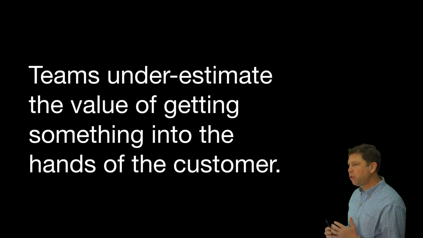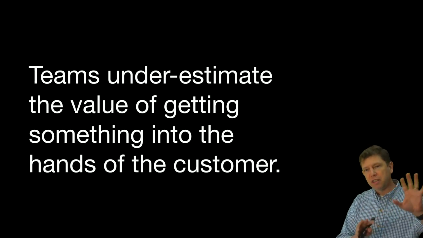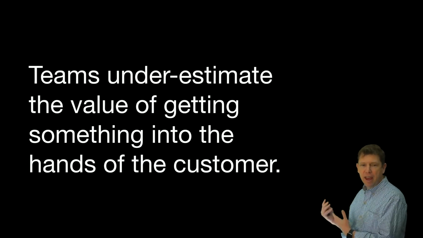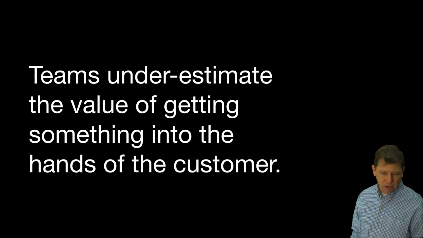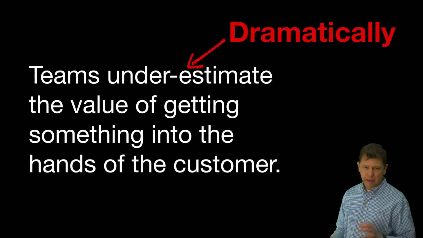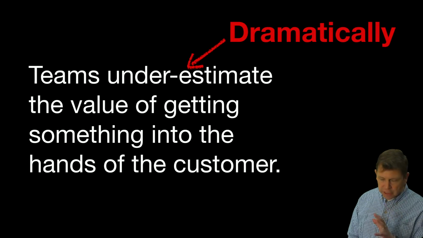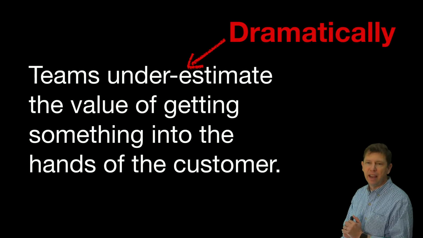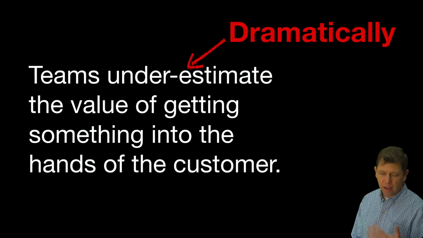And if you're in a situation where people are overvaluing not having to change and mold the system, grow and evolve the system, and they're underestimating the value of getting something in the customer's hands, you're setting yourself up for project failure. And by underestimating, I mean very dramatically underestimating the value of getting feedback from the user sooner. I have seen projects spend millions and millions of dollars underestimating this, only to get canceled because they weren't getting things into the customer's hands and getting feedback sooner.